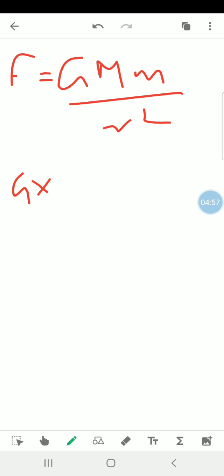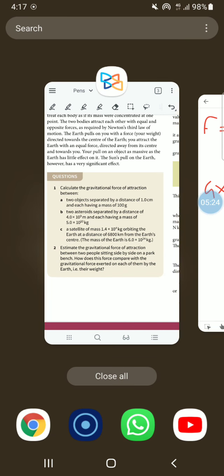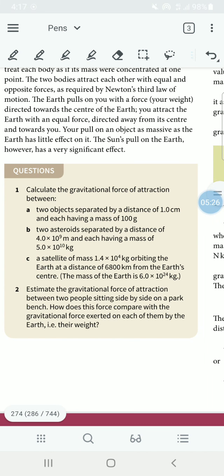Then mass, if you take the mass of the Earth to be capital M, the only reason why I took it to be capital M is because it's bigger. Other than that, there is no other reason. You can choose anything. Multiplied by the satellite mass, which was 1.4 into 10 to the power 4.